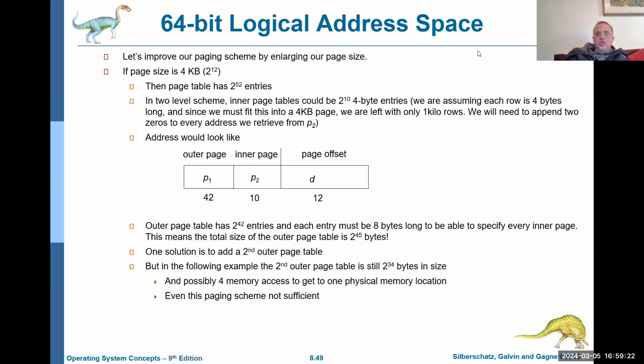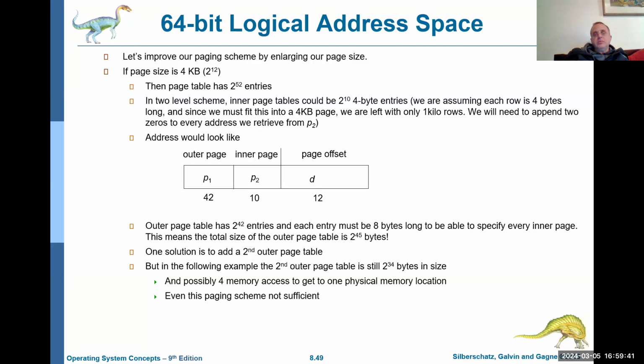We are assuming each row is 4 bytes long, but it's not. I don't think this example is right, now that I think about it. It should be 8 bytes long.